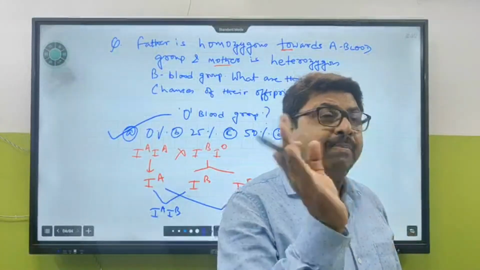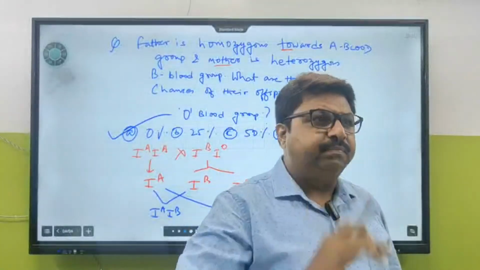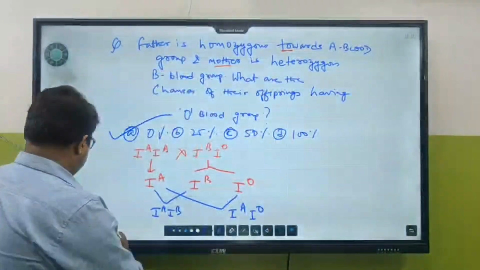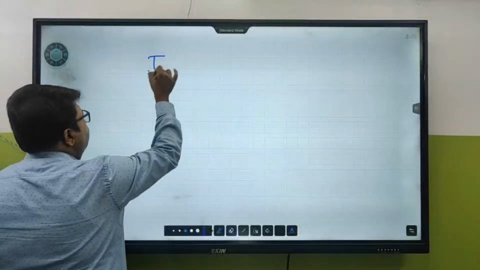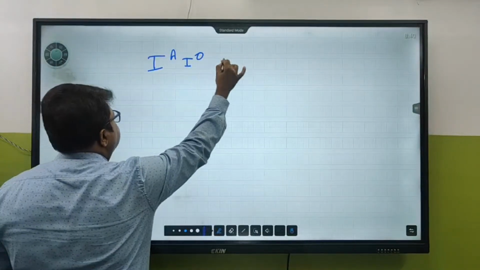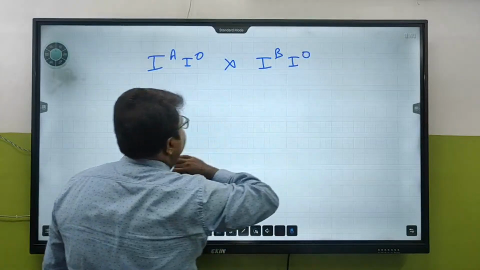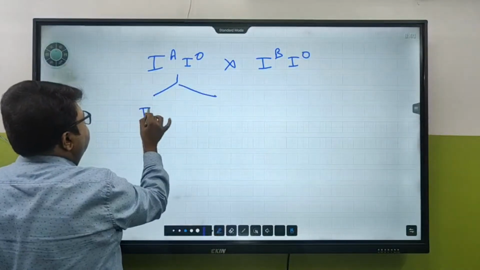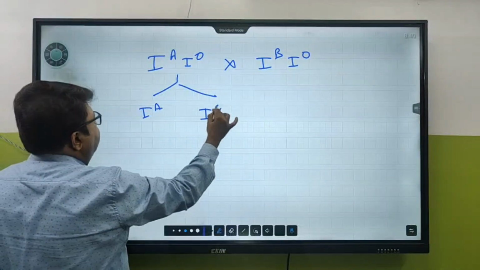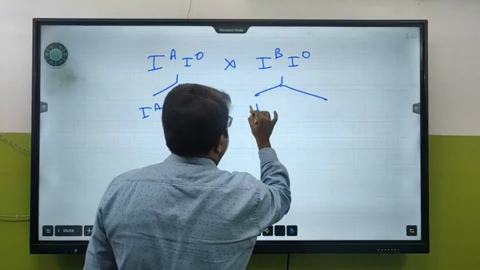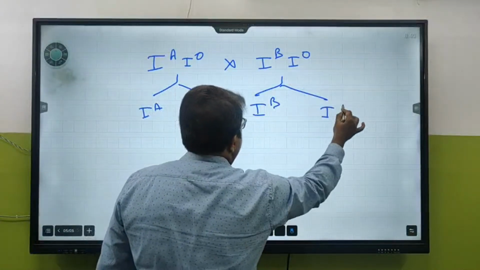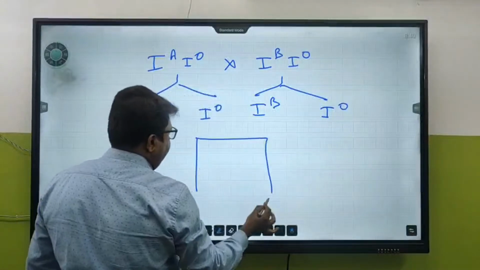Tell me the genotype of the parents. Father is going to be heterozygous A, mother heterozygous B. Then only they are going to have IAIO, and from here IBIO.